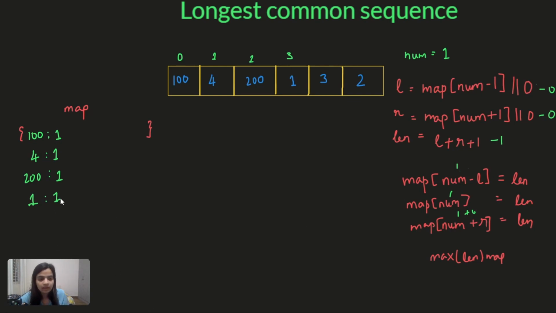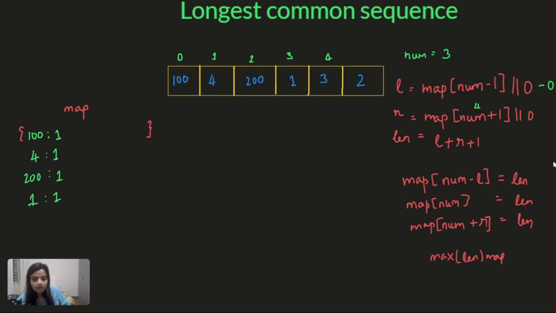Okay, let's go to the next iteration. In this iteration, our value is 3. A map of num minus 1. So does map of 2 exist? No. So here we take 0 itself. Num plus 1 is 4, right? Does map of 4 exist? Yeah, it exists.